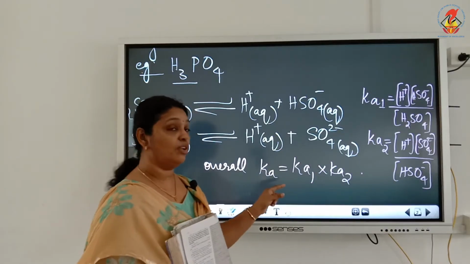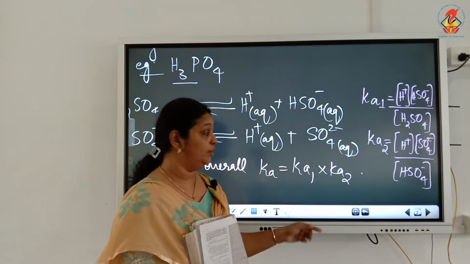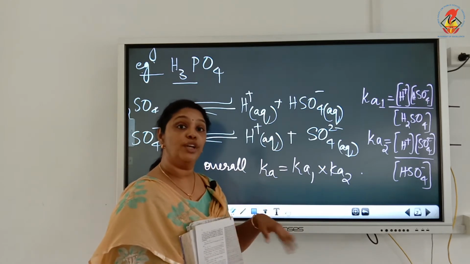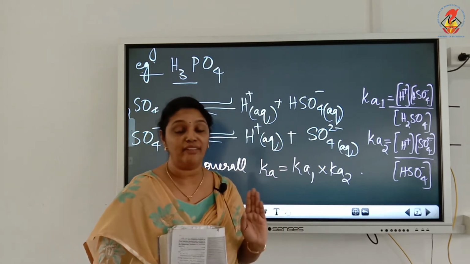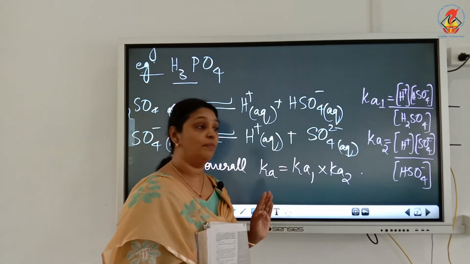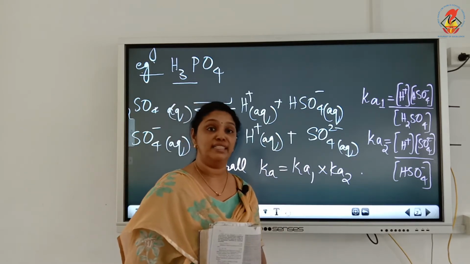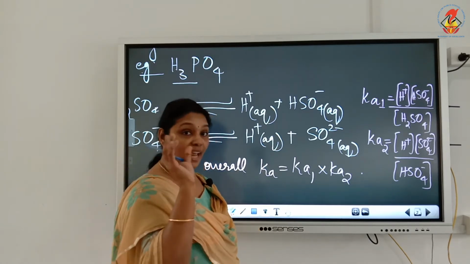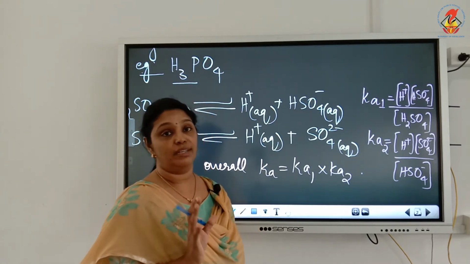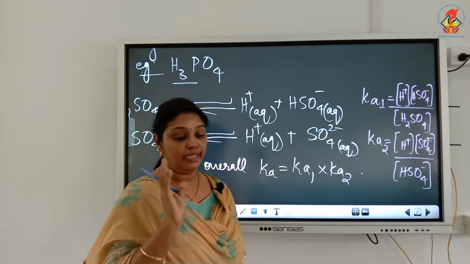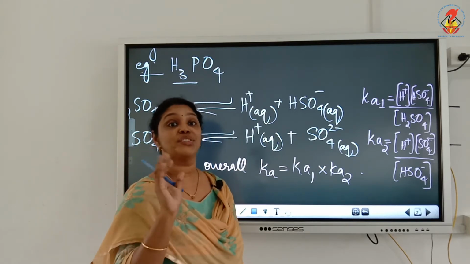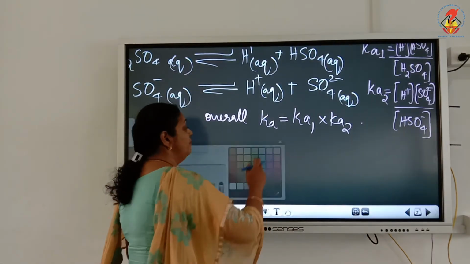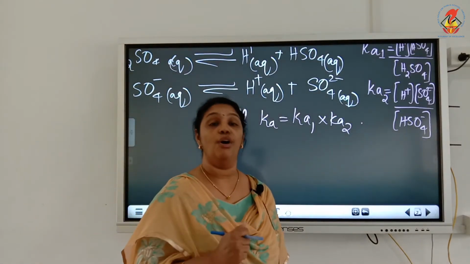So, Ka1 is called the first dissociation constant value, Ka2 is called the second dissociation constant value, and the overall dissociation constant Ka value for sulfuric acid will be the product of Ka1 and Ka2. This Ka value is a very important value, and it gives us a measure of the strength of an acid. So, we can predict from the Ka value whether the acid is strong or weak.